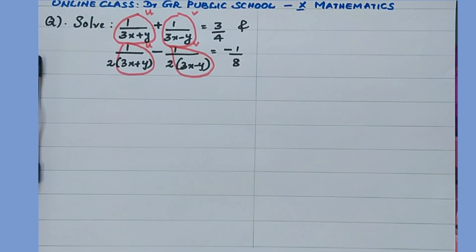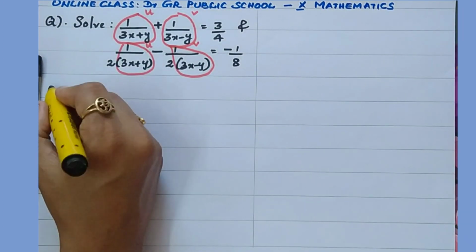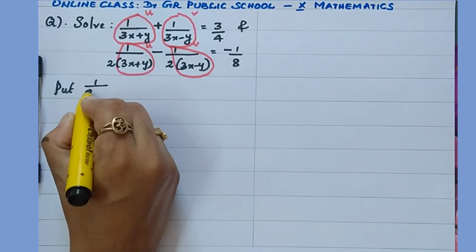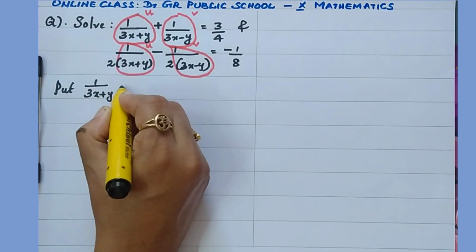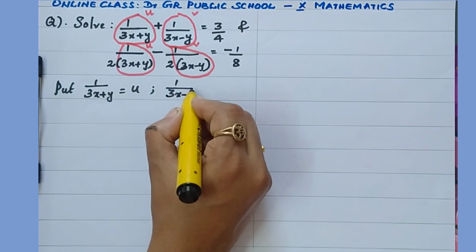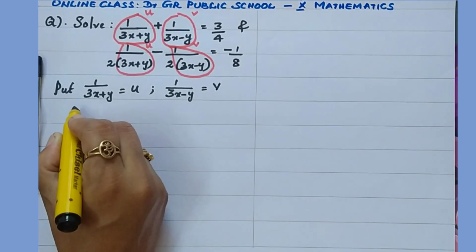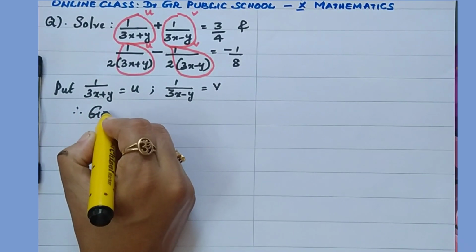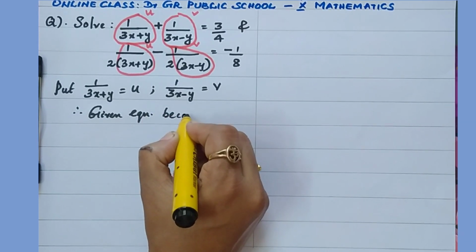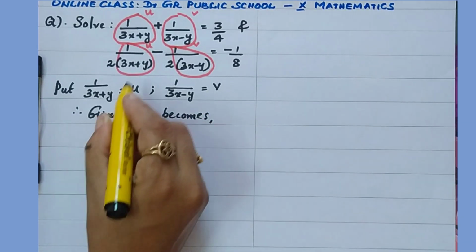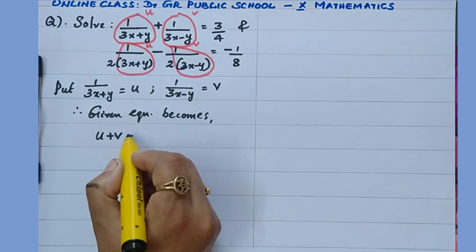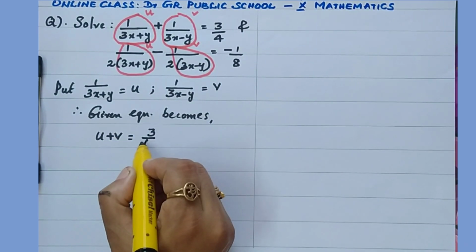Okay, so now I am going to make the substitution. Put 1 by 3x plus y equal to u and 1 by 3x minus y equals v. Therefore, the given equation becomes, what happens to the given equations? u plus v equals 3 by 4.